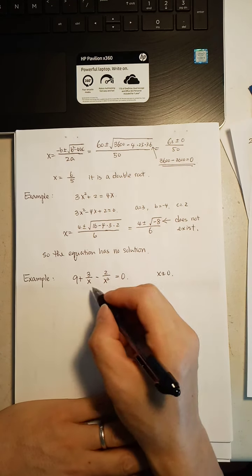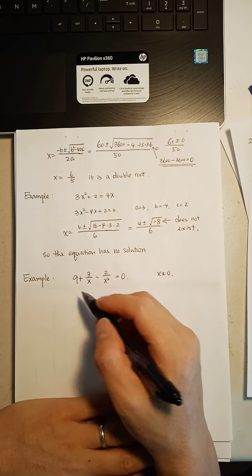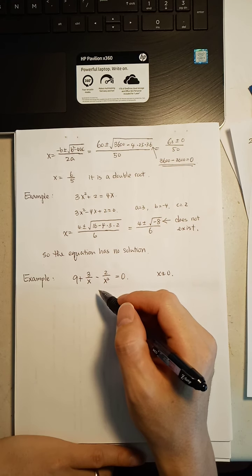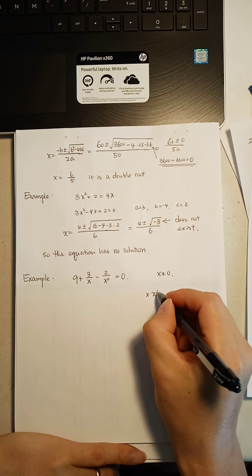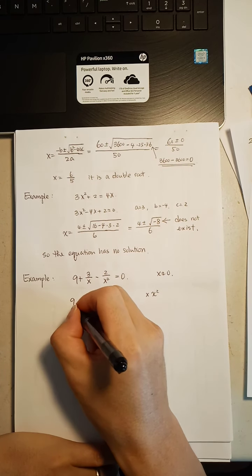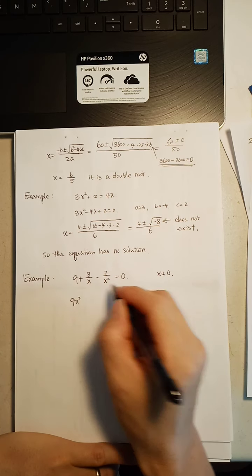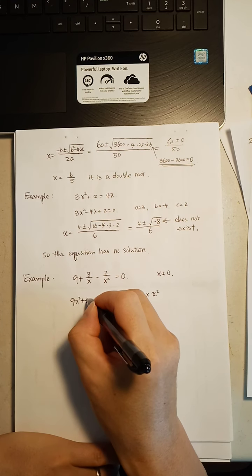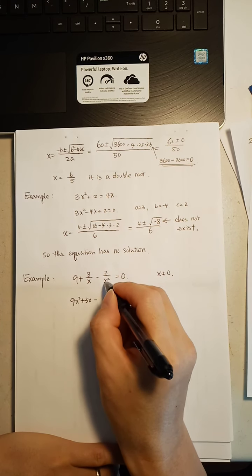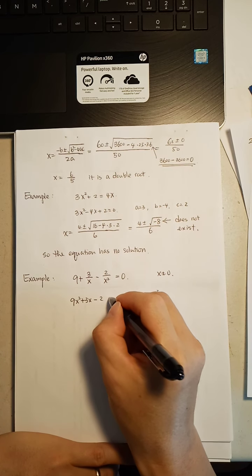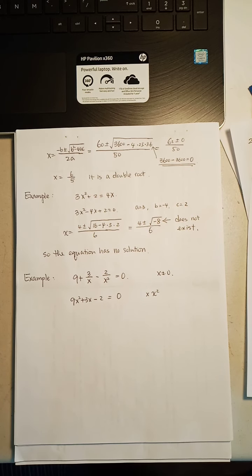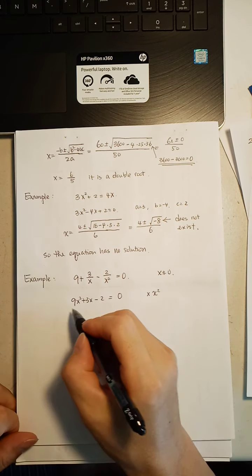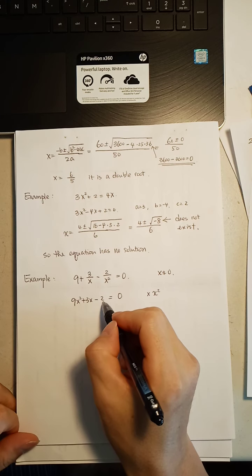So in order to write the standard form of this quadratic equation, we multiply it by x squared. 9 times x squared is 9x squared. 3 over x times x squared is plus 3x. Minus 2 over x squared times x squared is minus 2. 0 times x squared is 0. Now we have a standard form of a quadratic equation. A is 9, b is 3, and c is negative 2.